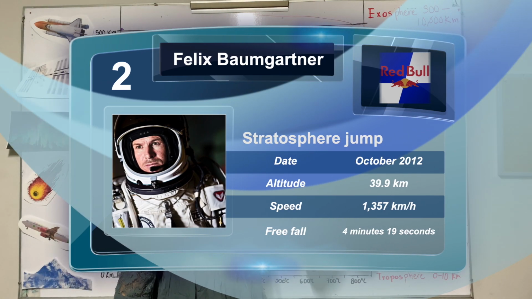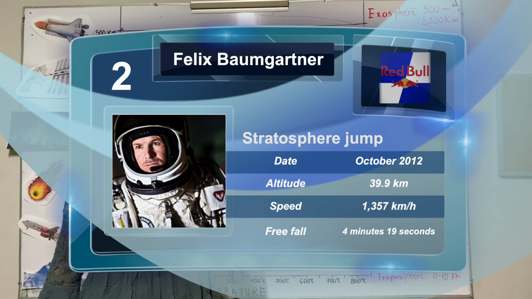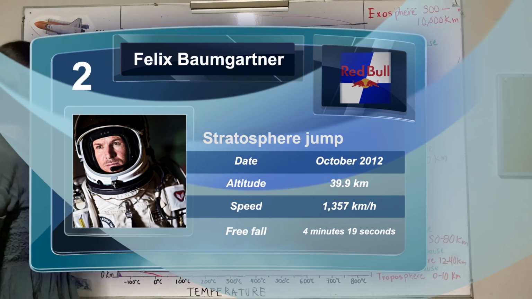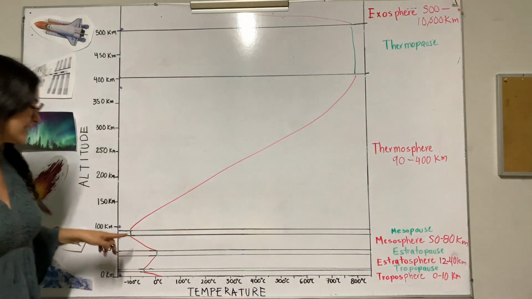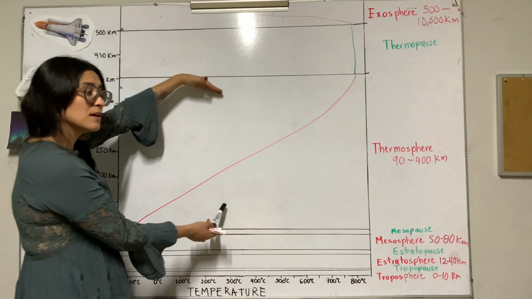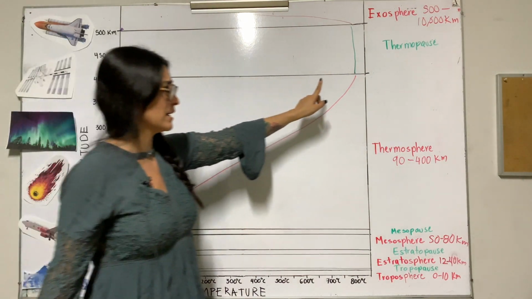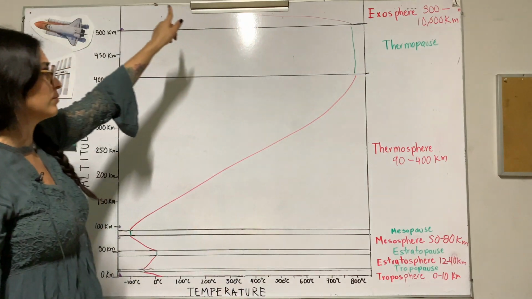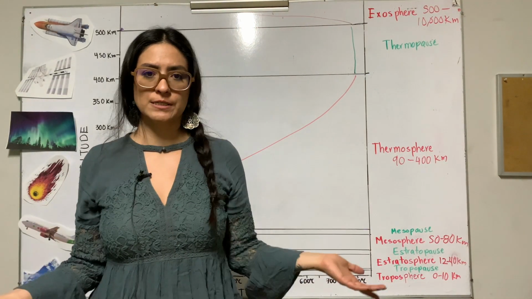The mesosphere has sodium particles and ice, and it protects us from the meteors. It burns up the meteors. Then we have the thermosphere, where you can see the aurora borealis, the thickest layer of all of them, and it reaches really high temperatures. And then we go to the exosphere, where we are in contact with outer space.